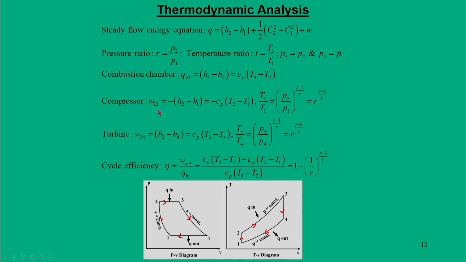Similarly, the compression process is a work consuming device, that is why it has a negative sign, negative of (H2 minus H1), and this becomes minus Cp T1 times (T2 by T1).